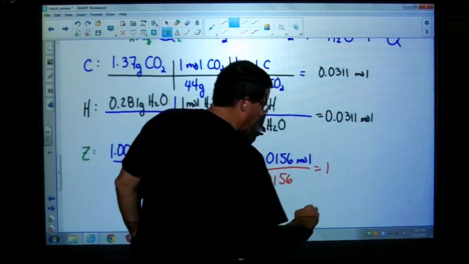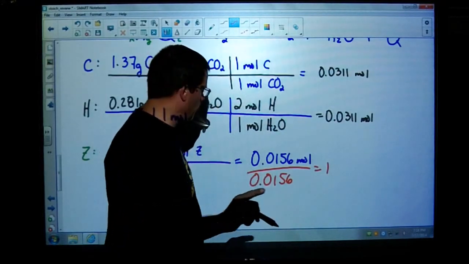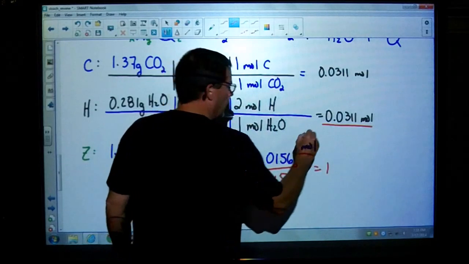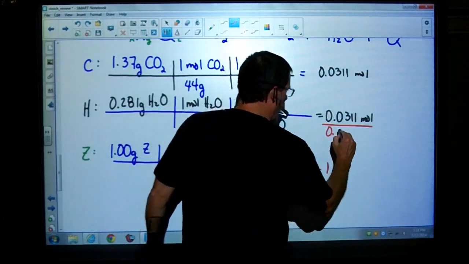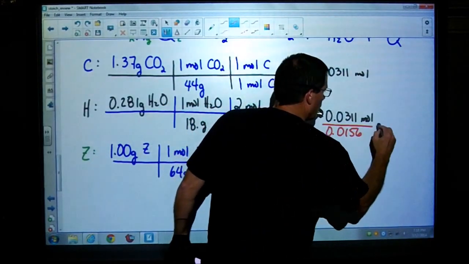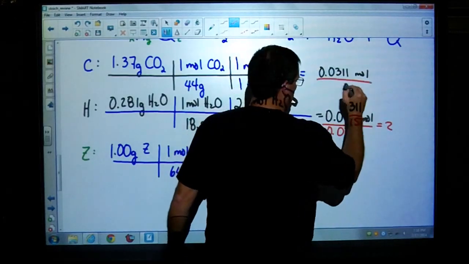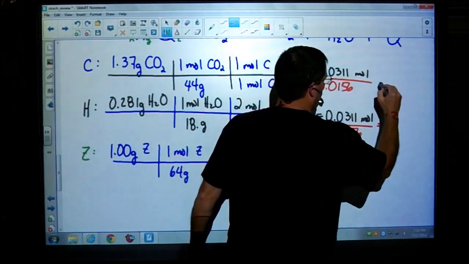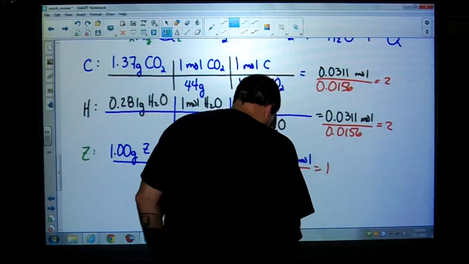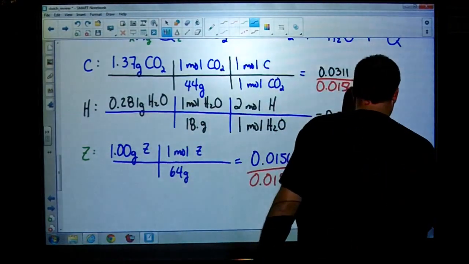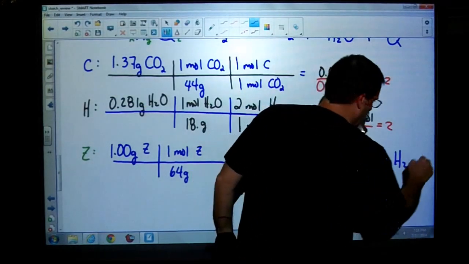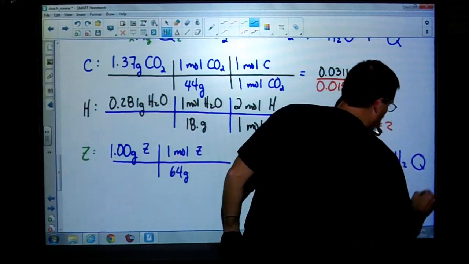So in one molecule of Z, if I take that and divide it, 0.156, which is 2, and 0.156, which is also 2, tells me that I have 2 carbons and 2 hydrogens. Then I just have to find out what Q is.